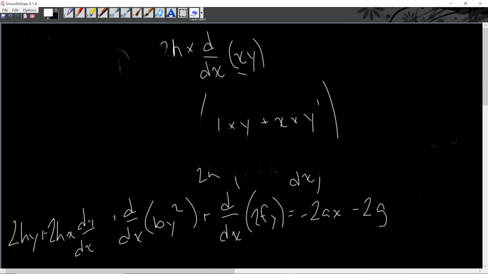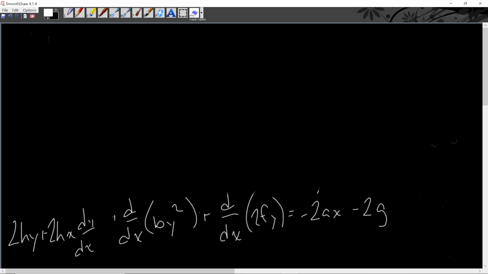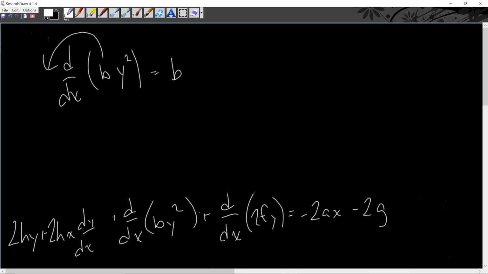Okay, great, and now we're going to do a slightly more easy derivative. It's just going to be by squared. Again, we're going to have to use chain rule. y is not explicitly defined as a function of x, so d dx of by squared. b is a constant, so we're going to pull it out right now. b times d dx of y squared, and this one's a nice and simple n times x to the n minus 1, so 2 minus 1 is 1, and we would have 2 out in the front, so b times 2 out in the front, y to the 2 minus 1, so y, times dy dx.